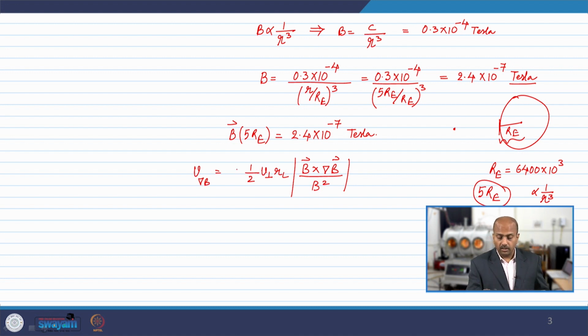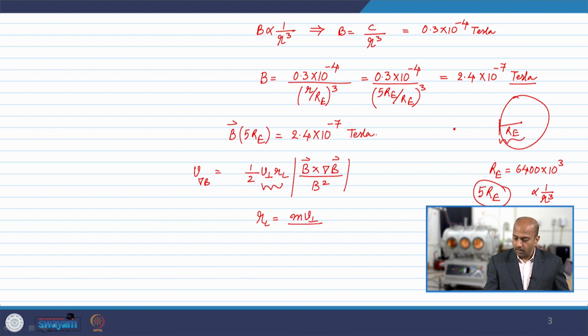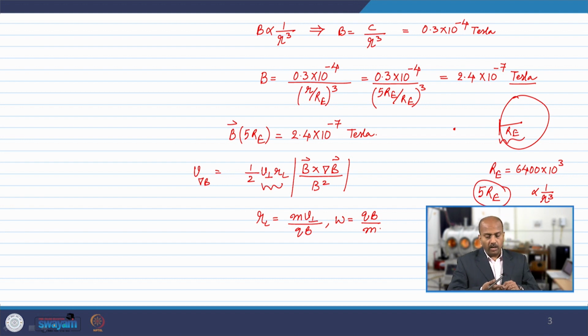Charge is there in this. We can write RL as m V perpendicular by QB, omega as QB by m, right. So in RL the charge is there.